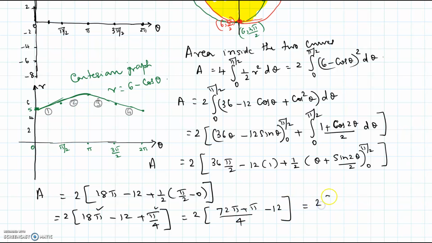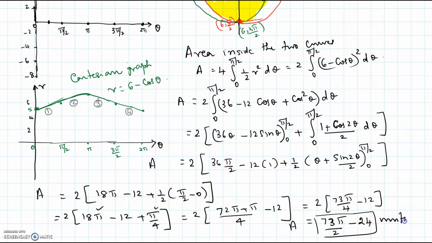So it is 2 times 73 pi over 4 minus 12. In other words, if you distribute the 2, it is 73 pi over 2 minus 24. This being area, you can say that this is unit square. So this is the area inside these two curves, the curve of intersection of these two polar curves. Hope this video helps.